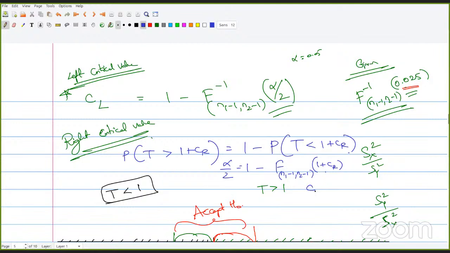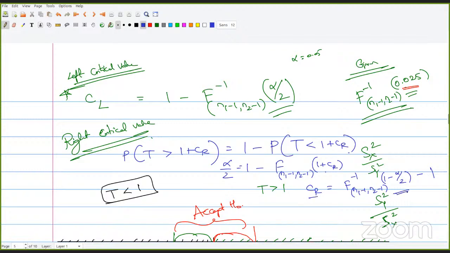Now if you solve it completely, you will get CR as F inverse of (n1 minus 1, n2 minus 1, 1 minus alpha by 2) minus 1. So you just simplify this: F comes to the left hand side, F inverse of 1 minus alpha by 2, and you subtract 1 from it, you will get the CR.